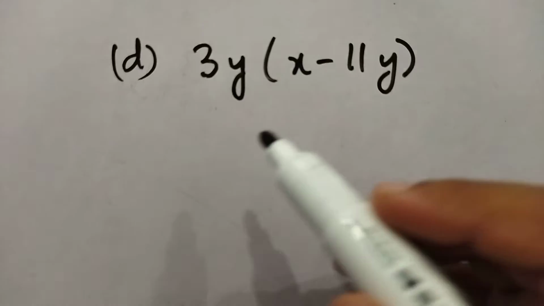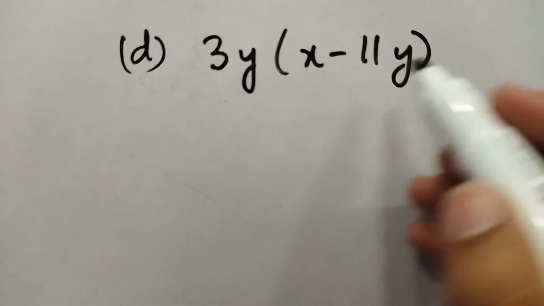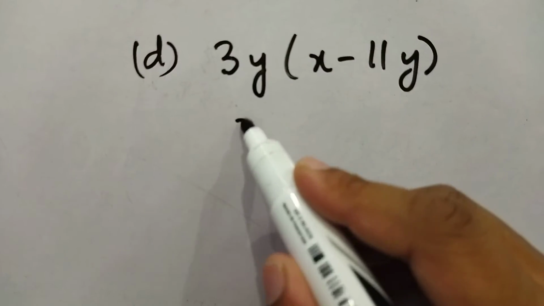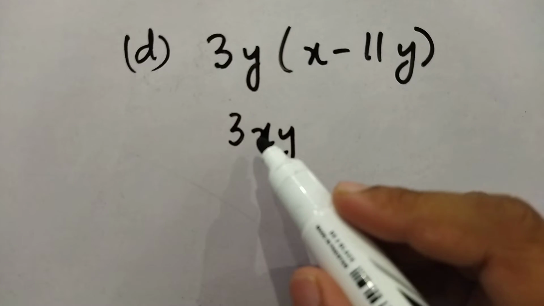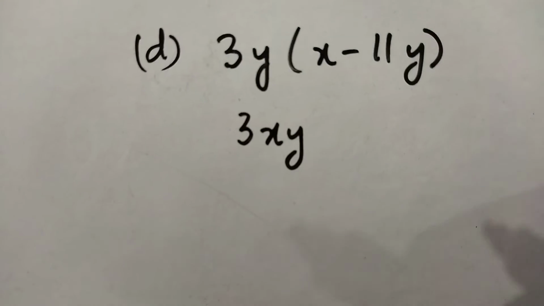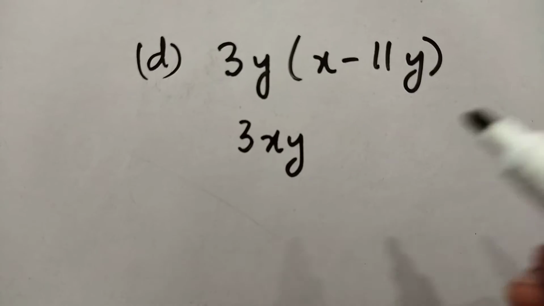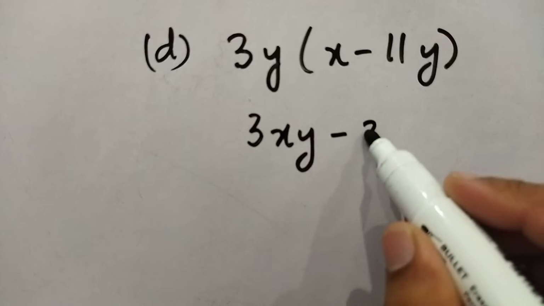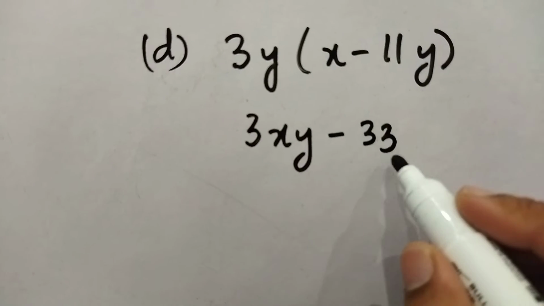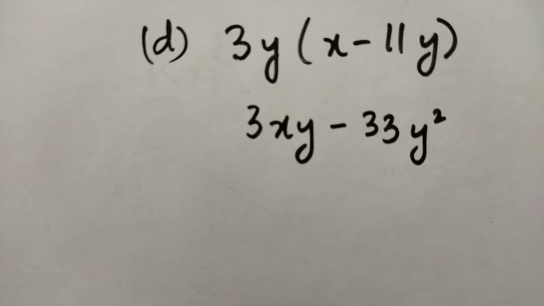Now part D says 3y into x minus 11y. So 3 1s are 3, yx is equal to xy. I'm writing x before y because x is before y alphabetically. Then plus minus minus, 3 11s are 33. And then y into y is y square. This is the answer.